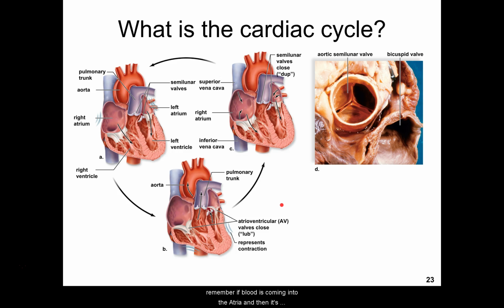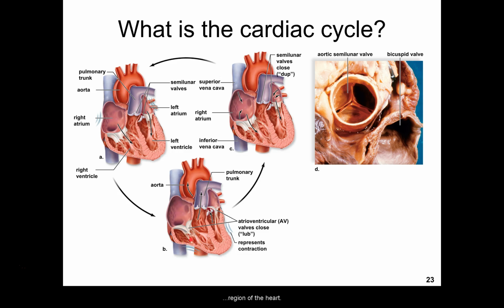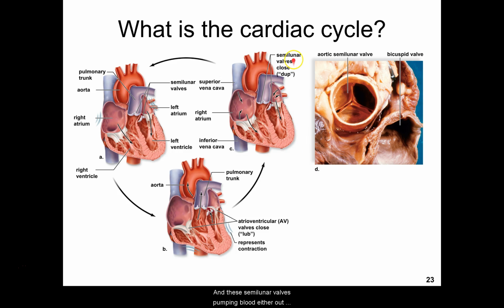Remember, if blood is coming into the atria and then being pumped into the ventricular region of the heart, that's going to be your atrioventricular valve, going from the atrium to the ventricle. And the semilunar valves pump blood either out the pulmonary arteries or out the aorta to the rest of the body. So that's the dub. It's when those valves close.